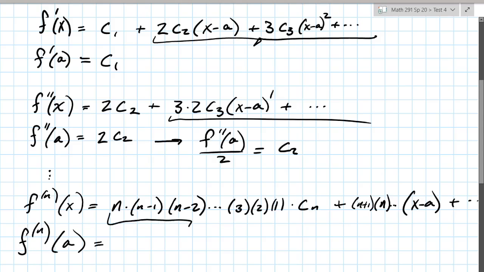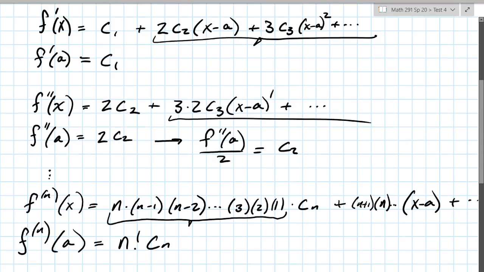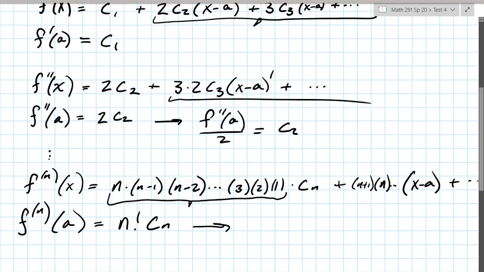Now we've seen this before, that we call n factorial. So if we want to solve for the c sub n coefficient, we have the nth derivative at a divided by n factorial is equal to c sub n.